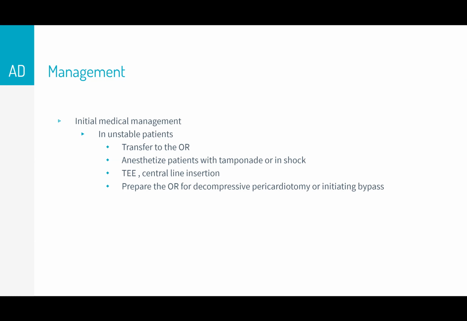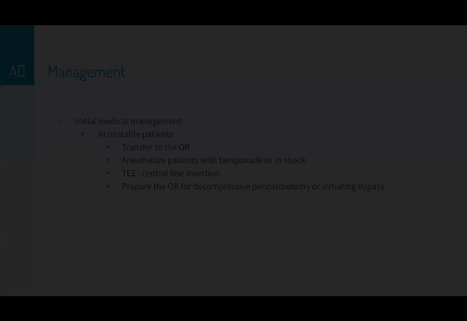And once the diagnosis is made, assuming that it is aortic dissection, you should prepare the OR for repair, or if the patient is in shock, for decompressive pericardiotomy, or initiate bypass for the patient, before the patient has a rupture or hemodynamic cardiac arrest.